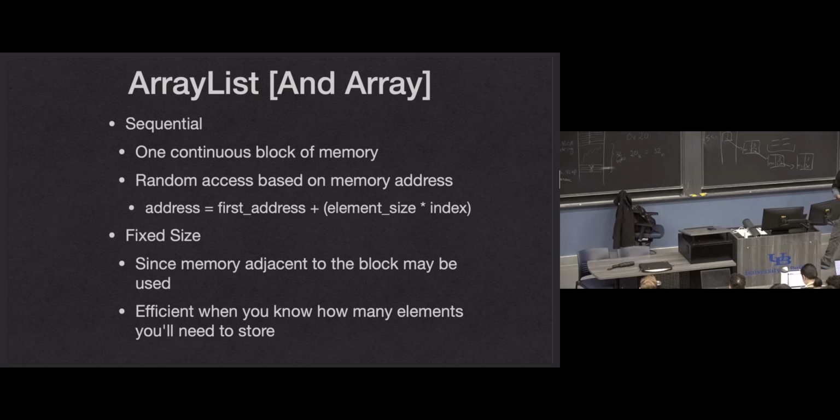The way they work is one continuous block of memory with random access to all of its values. That means if you have the memory address for the first element of an array, you can easily compute the exact memory address of any element in that array. And this first memory address of an array is the memory address that's stored in a variable of type array list.